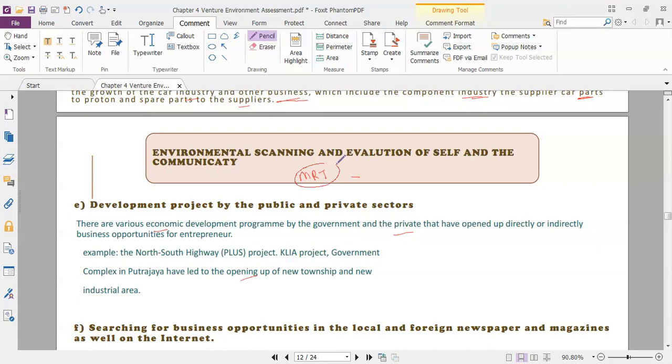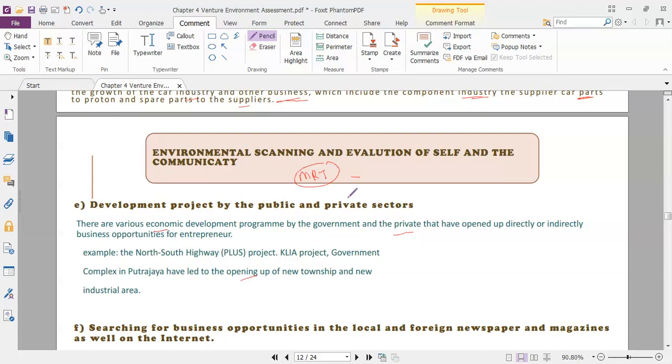MRT tu tahu kan, kereta api laju tu. So bila government meluluskan that project, it will increase the opportunities of the economy. Ekonomi setempat. So maknanya lebih ramai orang akan akses kepada sesuatu location tersebut. Itu akan meningkatkan ekonomi ataupun meningkatkan kita punya opportunities untuk open a new business in that area.